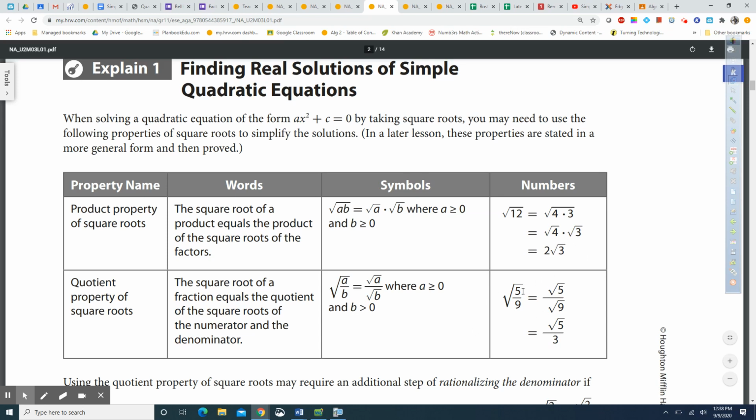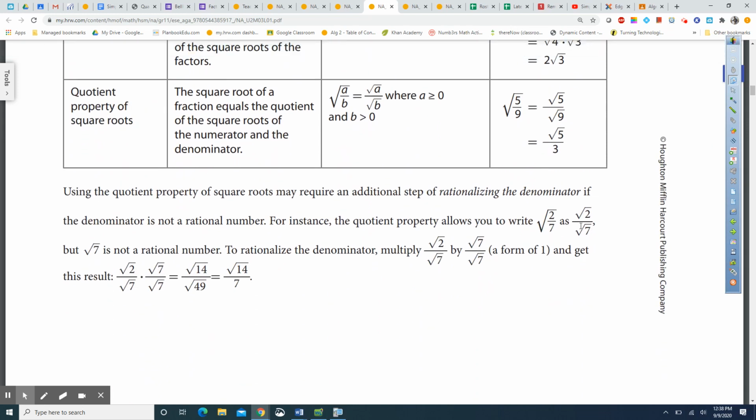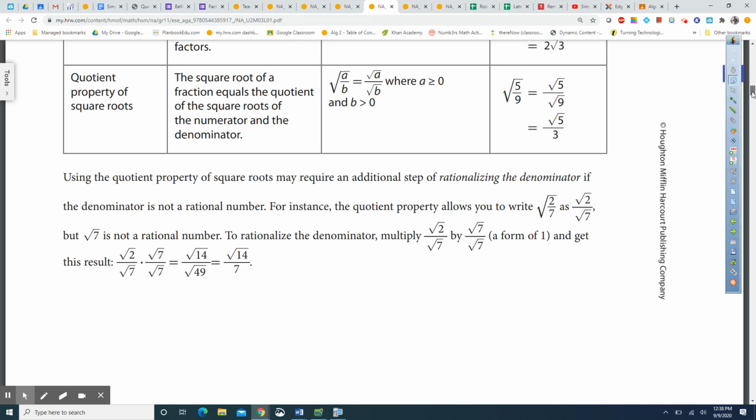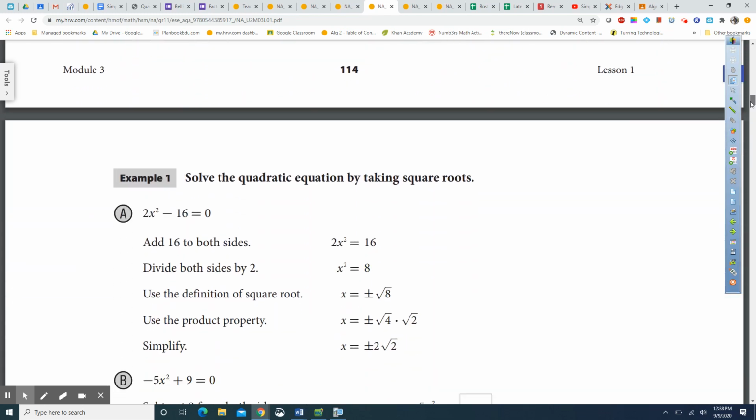And then if you have a fraction, you can separate those, but if you get something like a square root of 7 in your denominator, you have to rationalize the denominator. We're not allowed to leave a square root in the denominator. They go through this example here. That would be a whole separate little issue, but there's a quick refresher. If not, then you need to go back and look up how to rationalize the denominator.